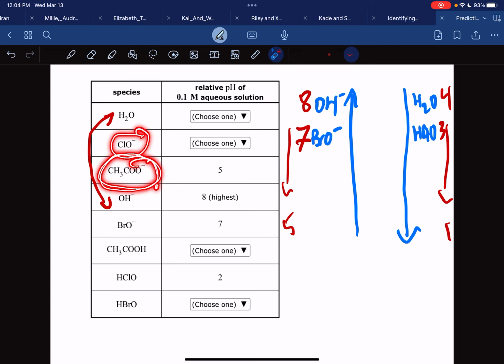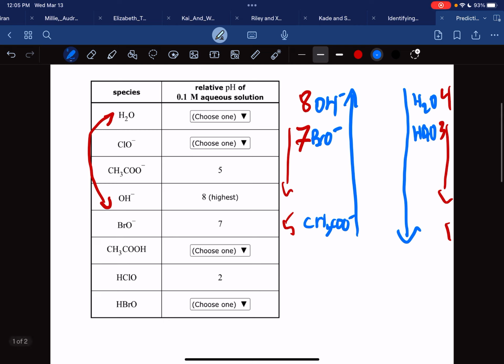Now, we can talk about how induction impacts pH strength and acid strength, but we're not going to do that right now. We're just going to look at these two, and they tell us that this is a 5. So that means that down here we're going to have to put our CH3COO minus. It's going to be the weakest of the bases.